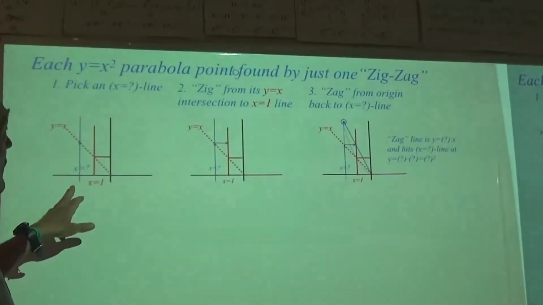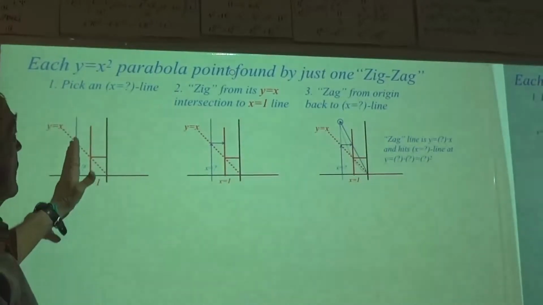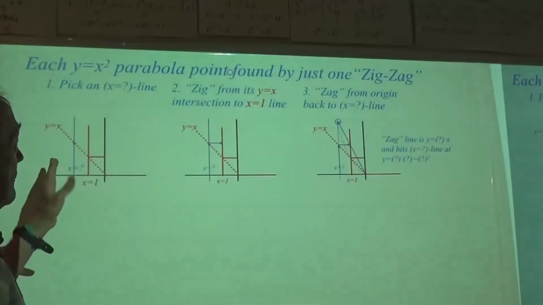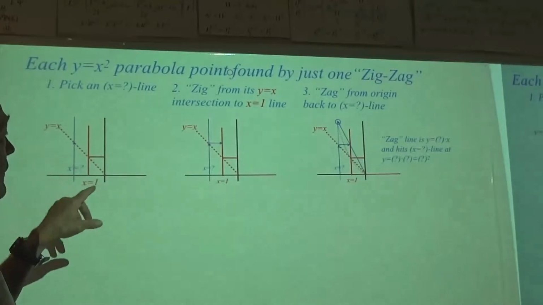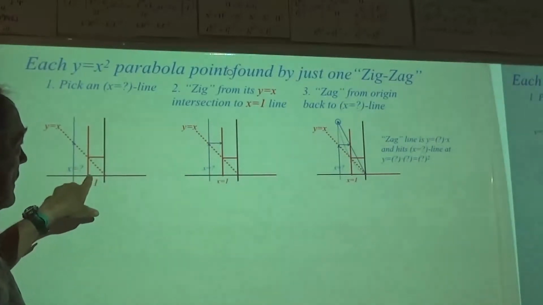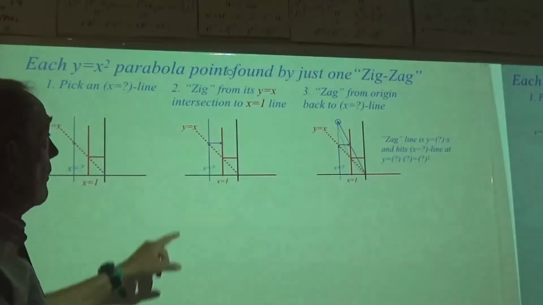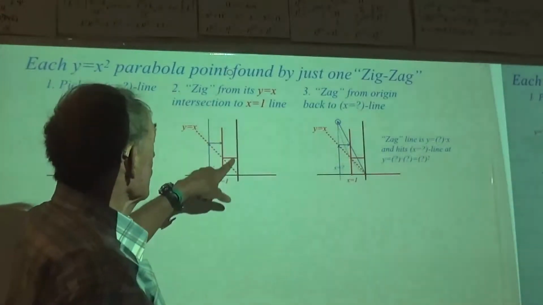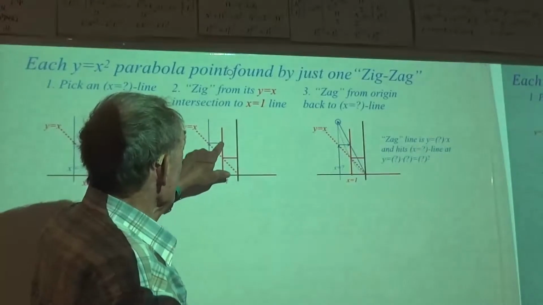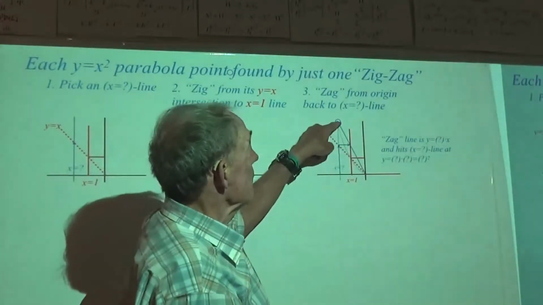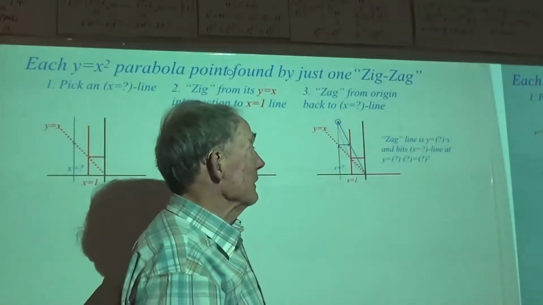So basically what you do is you pick some vertical line, and obviously graph paper helps you do that, and then you just go back to the unit line. And once you've got that point, you simply draw a line from there through that point to a point that is on the parabola.